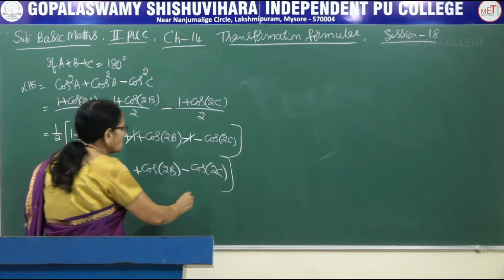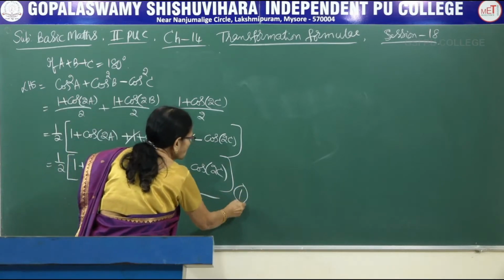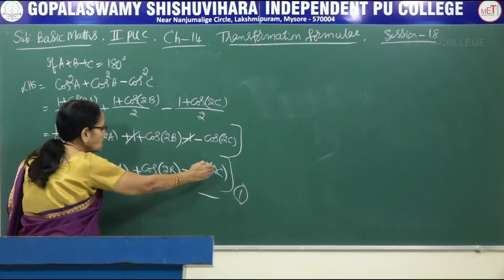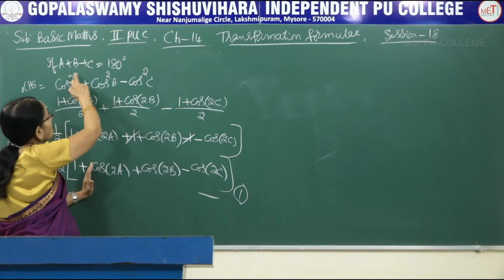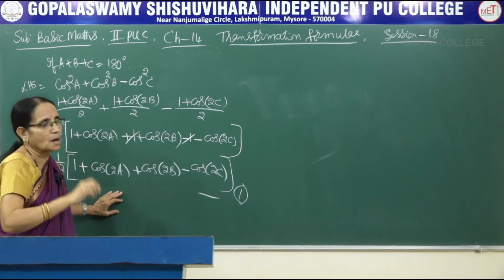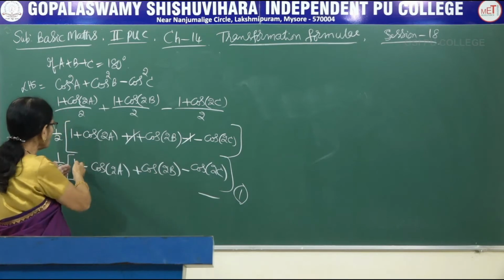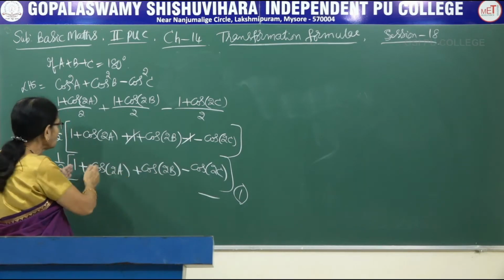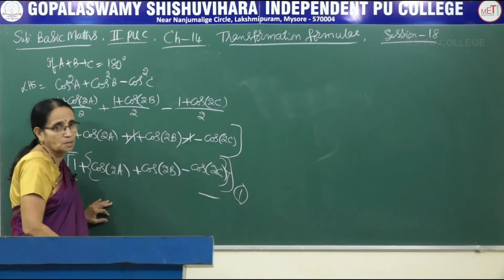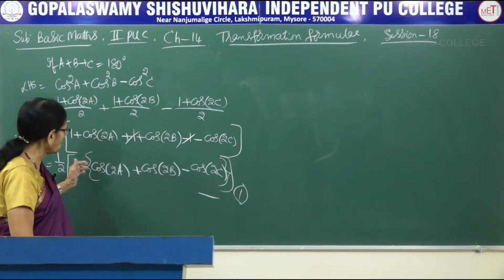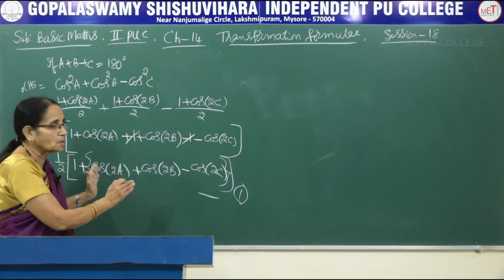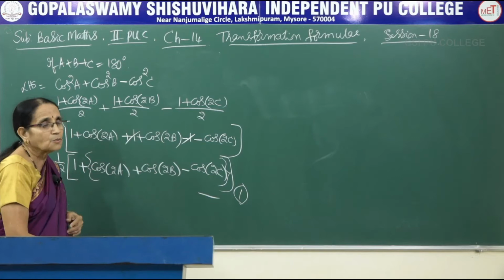Now, take this as result 1, because keeping this 1 as it is, for these 3 terms now we have to make use of the data and simplify so that we will be getting the final answer. So instead of writing this 1 plus something, you just take only this part. If you want, you can put another bracket for this one. So consider only this part, the expression which is inside the flower bracket.